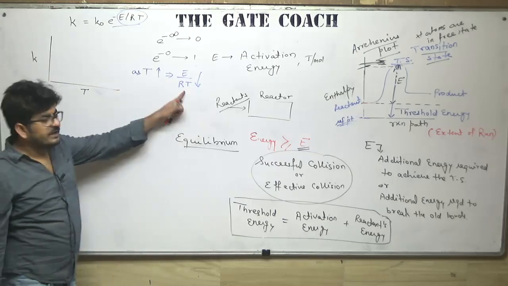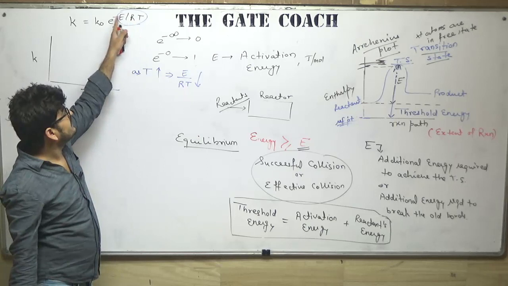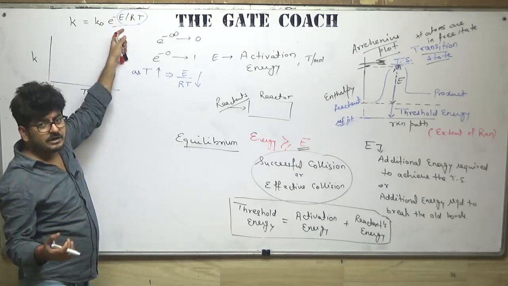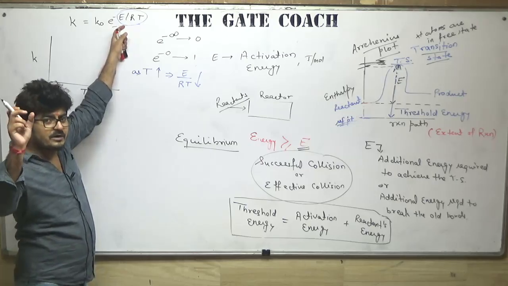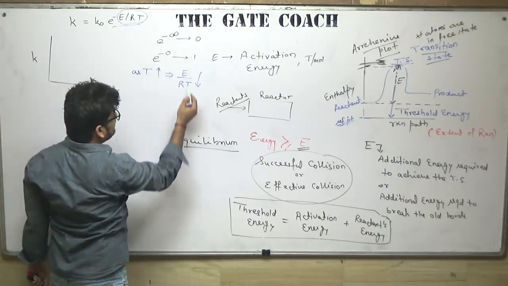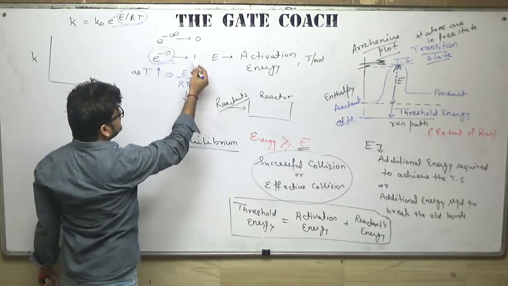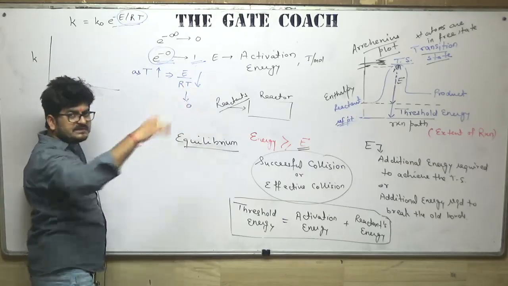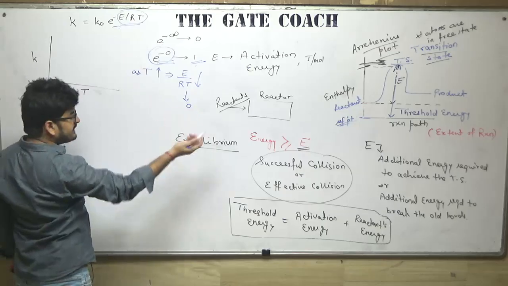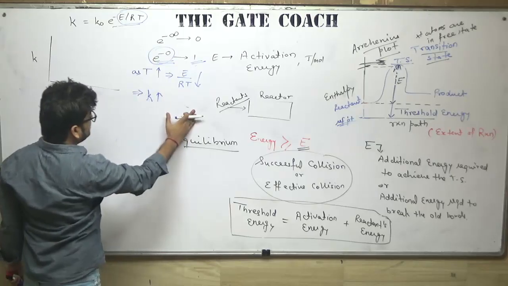And if this ratio decreases, means e to the power minus this function, that power term will decrease. And if that power term decreases, means e to the power minus E by RT tends to e to the power 0. So the value of this function is close to 1, means that is increasing. If the value of this exponential function is increasing, it means the rate constant K will increase.